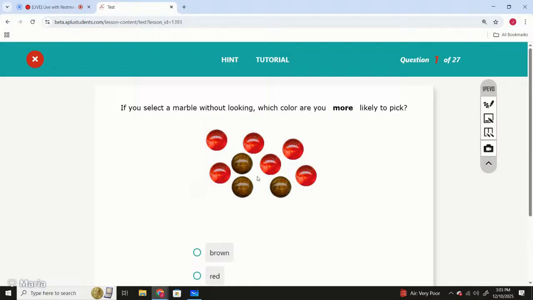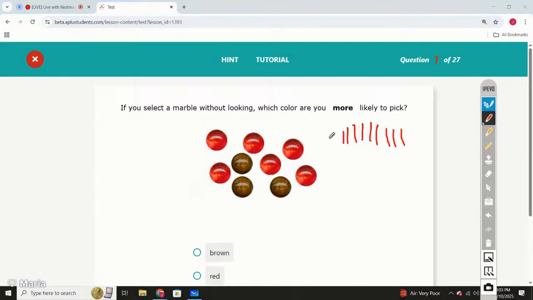One, two, three, four, five, six. There are six red marbles and three brown marbles. So you are more likely to pick the red. The correct option is red.